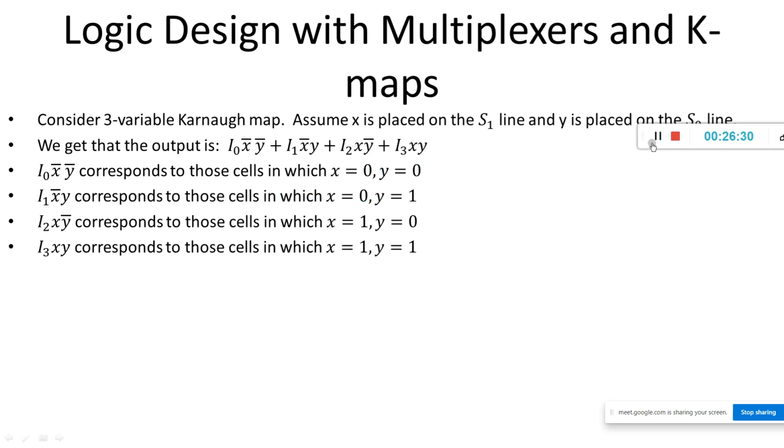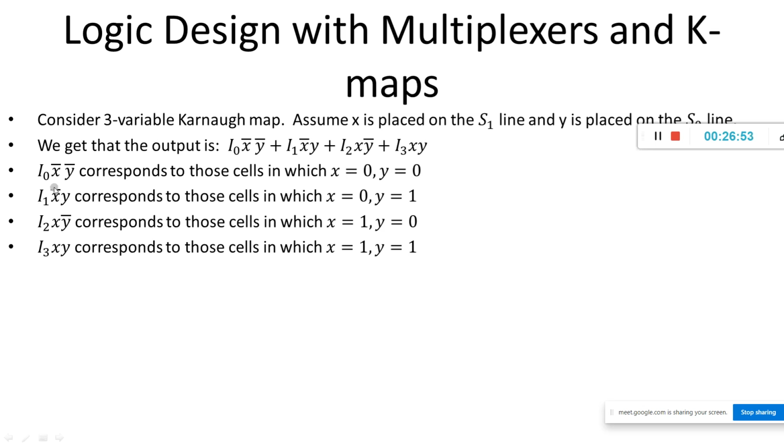S0 line. Next, what is the output of a 4:1 mux? I0 into X bar Y bar plus I1 into X bar Y plus I2 into X Y bar plus I3 into XY. Isn't it, students? So I0 is selected corresponding to those cells where X is 0, Y is 0.